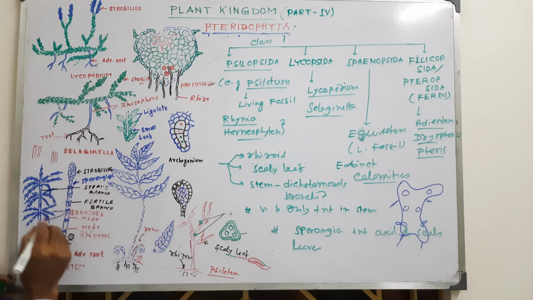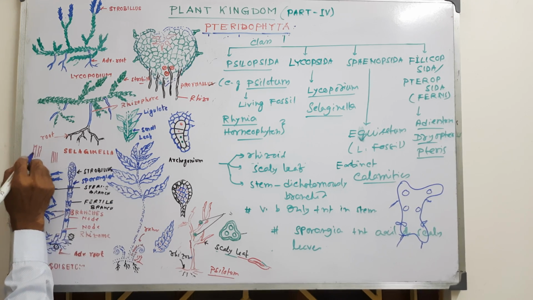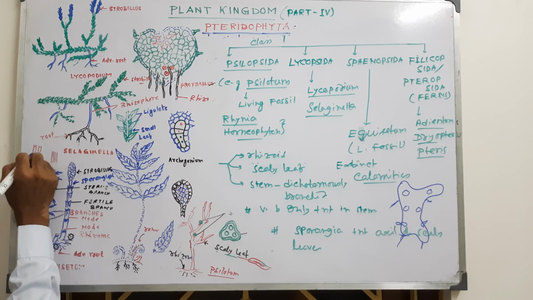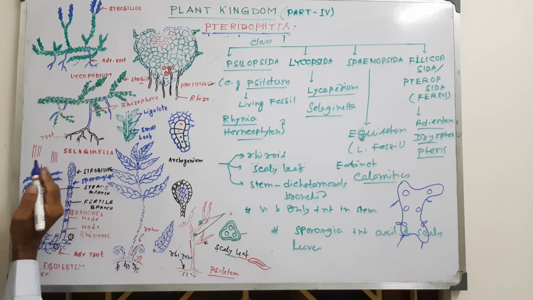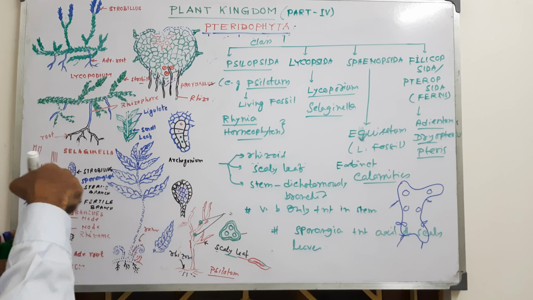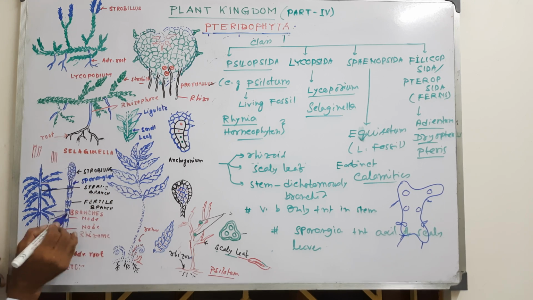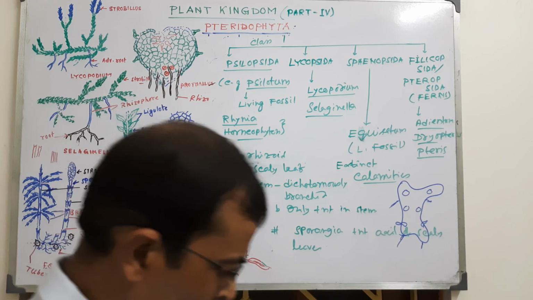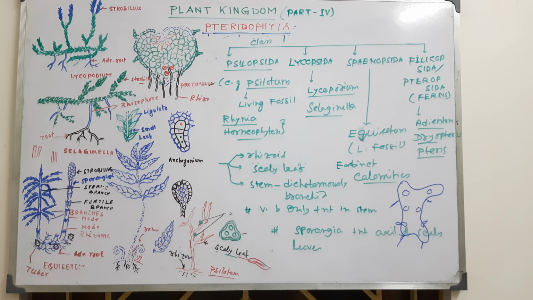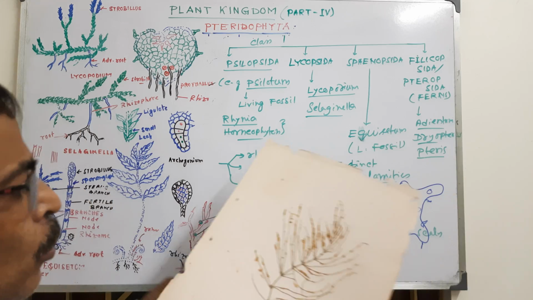Look here, their leaves are also very small. These are scaly leaves and cylindrical in nature, and they fuse side by side and form a sheath-like structure. Look here, a sheath is present. I show you this original Equisetum in dried form.